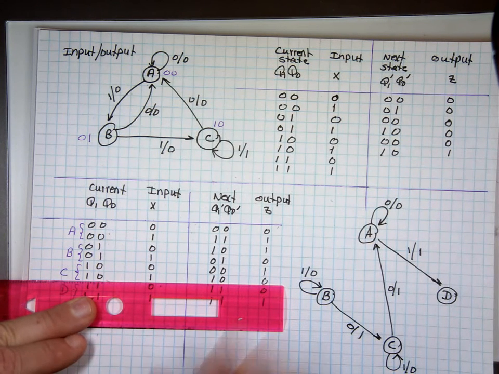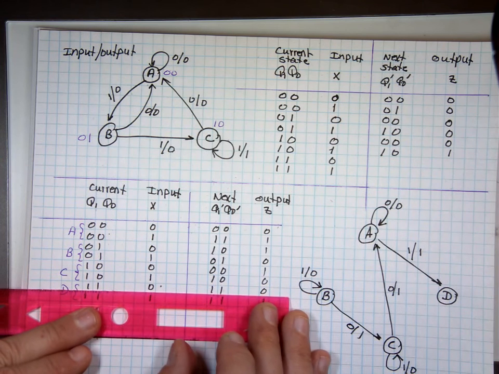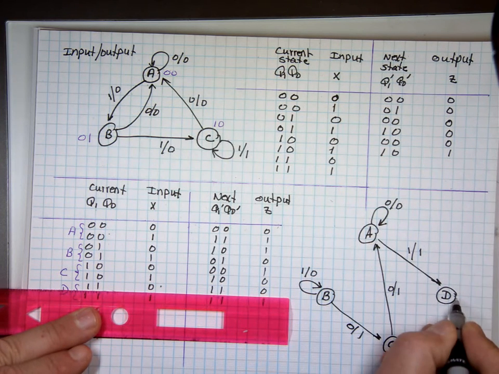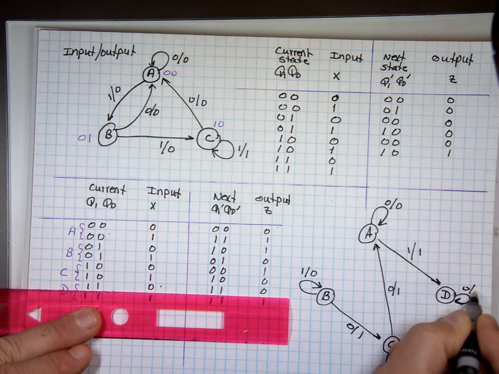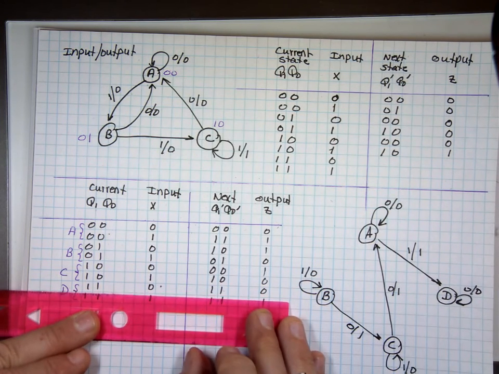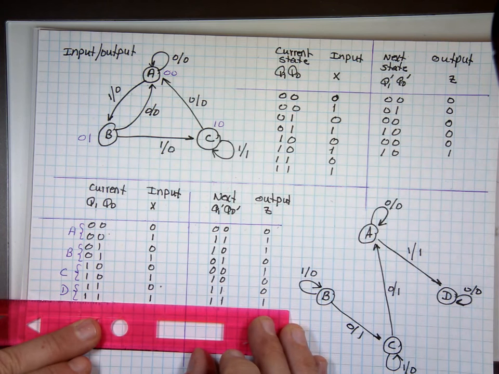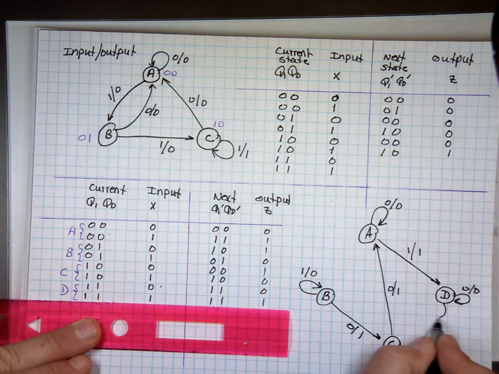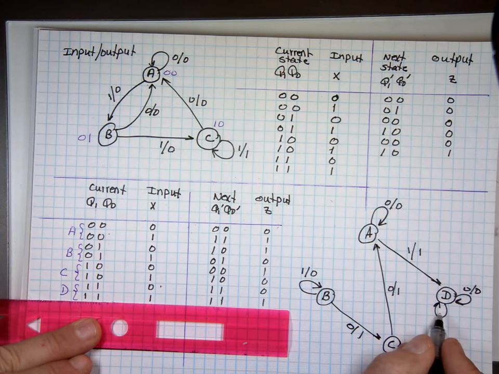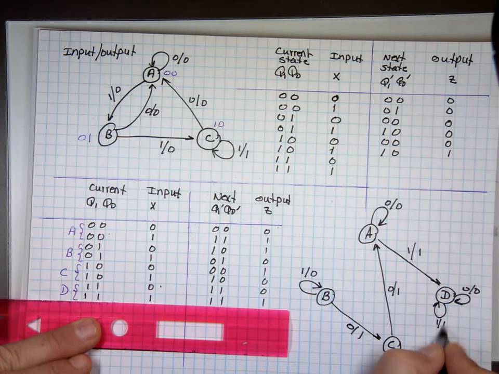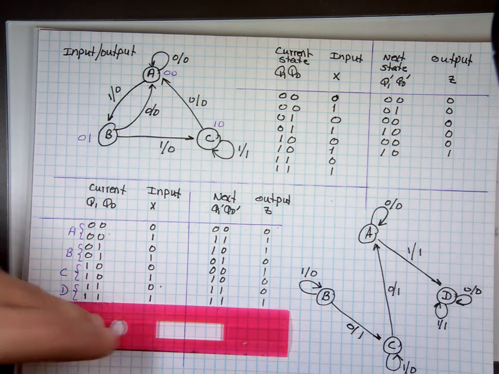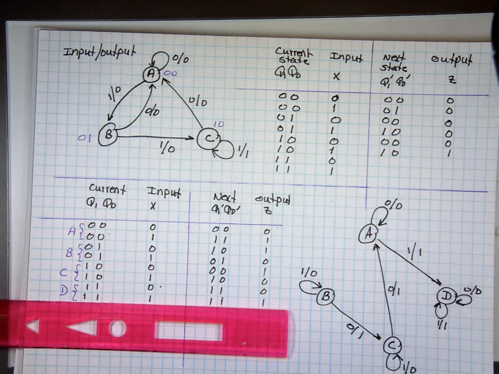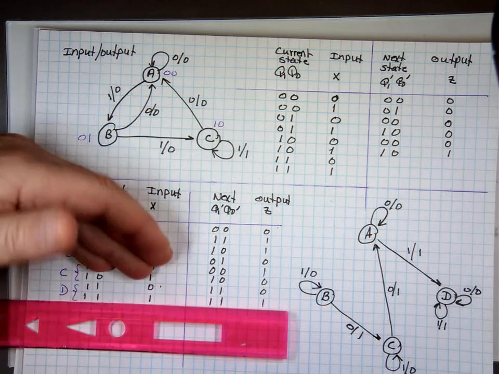And the last one, if I'm at 1, 1, I put a 0. I stay there. My output is 0. And if I'm at 1, 1, I put a 1, guess what happens? Stay there. And my output is 1. So that's going from the state table to the state diagram.